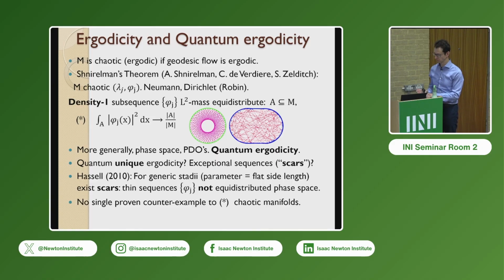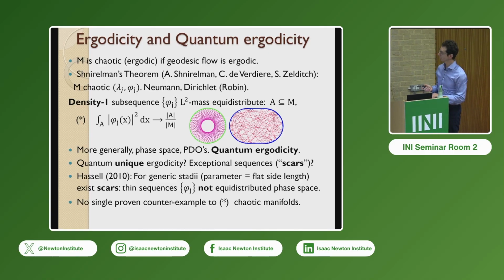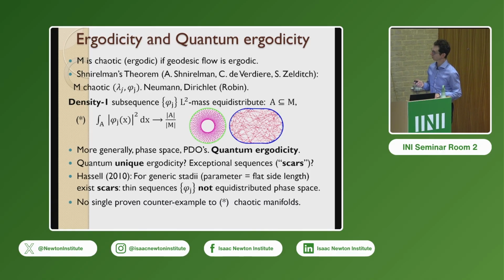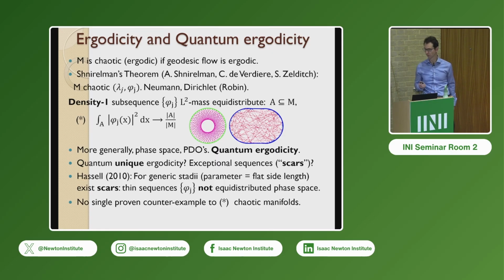So Hassell's theorem states that there exist stadia with scars, but it does not actually exhibit a single stadium with scars, and it does not imply the violation of this convergence to the area of A, because it is in the phase space. It's at the level of pseudo-differential operators. Okay. So as it stands now, there is no single counterexample to this statement, and it would be great to prove it.